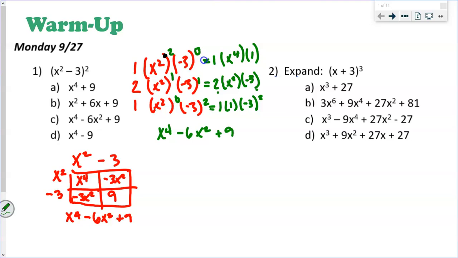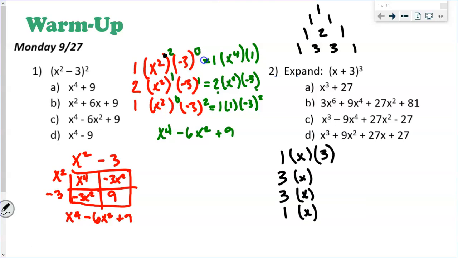Now, if we look at number 2 for the expansion, okay, let's look at our binomial, or our Pascal's triangle. Okay, do you remember this? So sometimes you're going to have to build it like this to get your numbers. Now remember, we're using the row I just built because, again, this is a third power, so we're looking at that second number. So we're going to write 1, 3, 3, 1 down here.